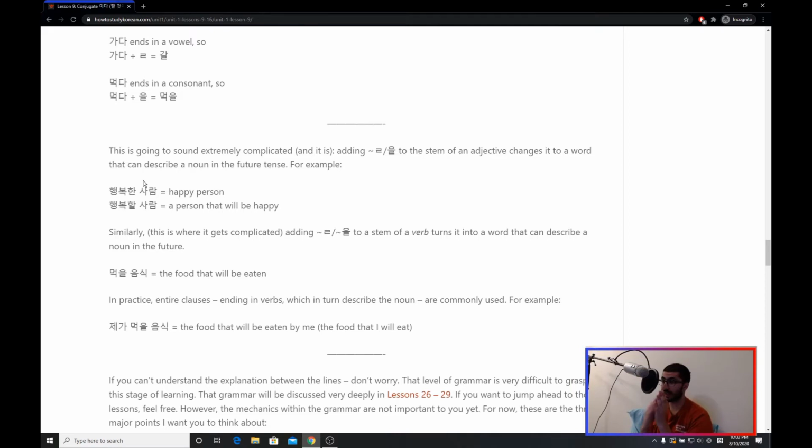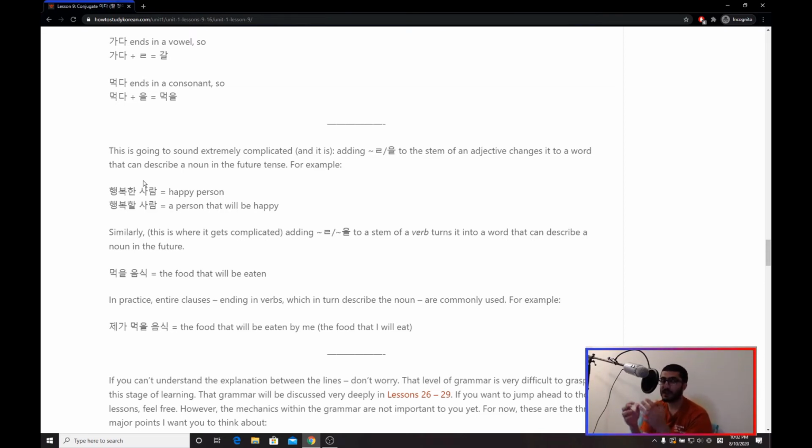So 크다, if we wanted to say a long boat, or a big boat, 큰 배 or 큰 집, a big house. So we add the ㄴ. Same thing for 행복하다. So we say 행복한 사람, a happy person.